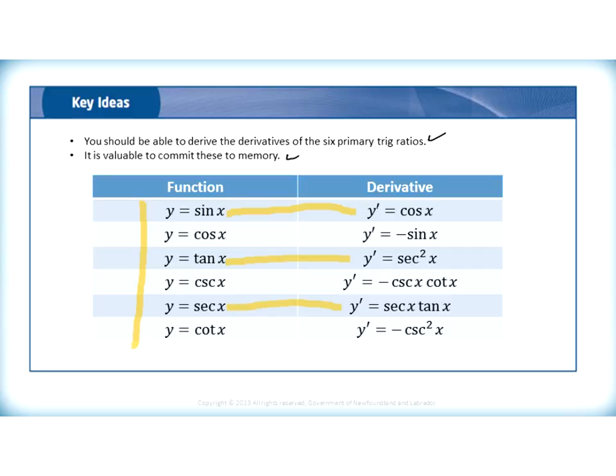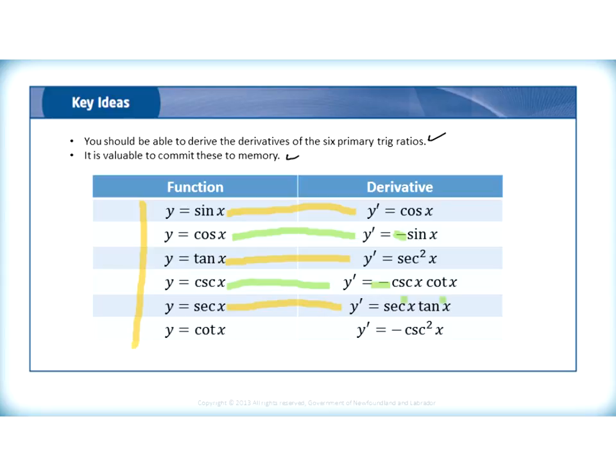Then we're going to look at the co-functions, or their partners. The co-functions are just the counterparts for each one. The derivative of cosine is the opposite of what we had before. It's sine, but it's negative. The derivative of cosecant is very similar to the derivative of secant, except instead of being secant tan, it's cosecant cotan, and it's negative.